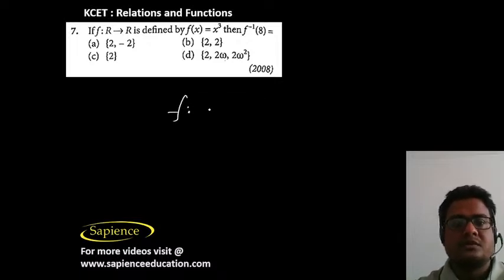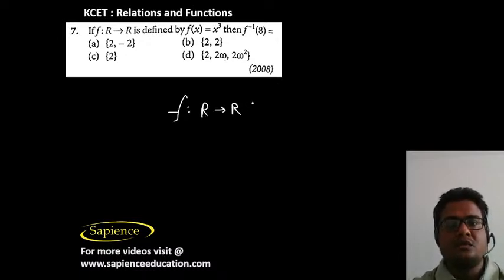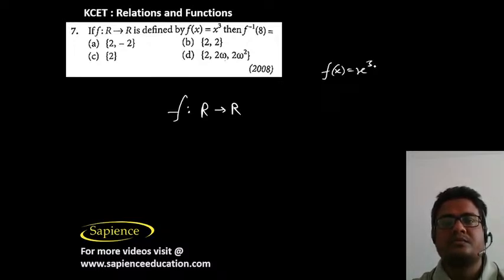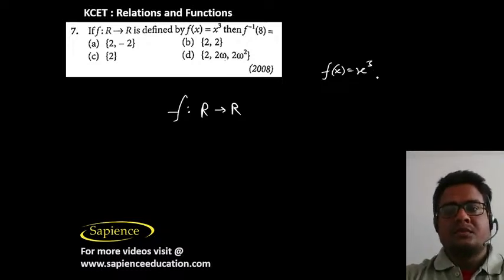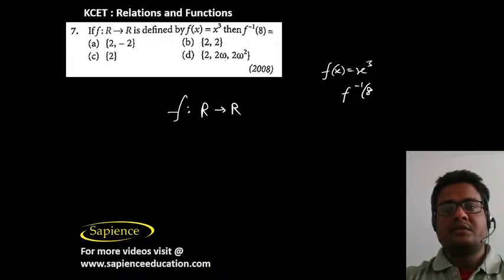F is a function which maps from R to R. R is the set of all real numbers. It is defined by f of x equals x cube. Then f inverse of 8.